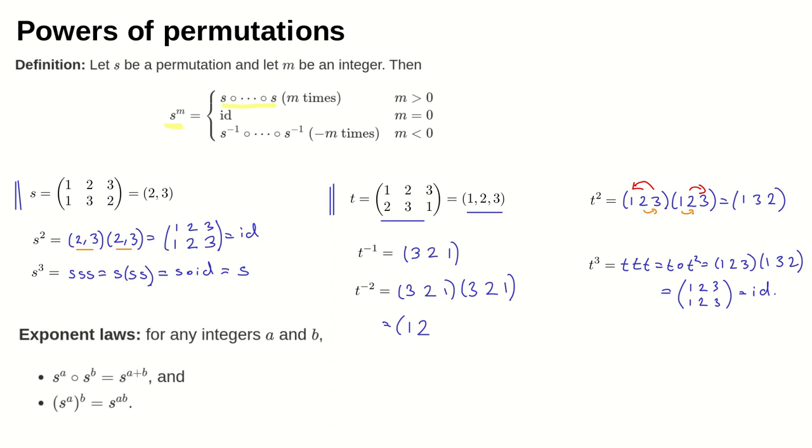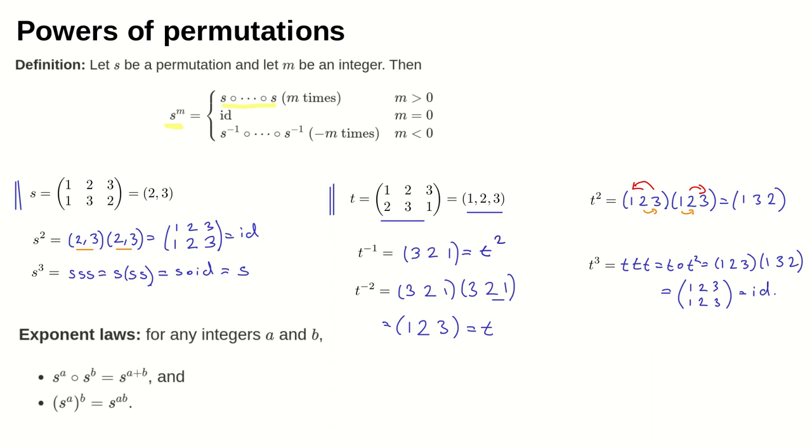What happens to 2? 2 goes to 1, and then 1 goes to 3, and then 3 goes to 2, and 2 goes to 1, so the cycle finishes there, and t to the minus 2 is (1 2 3). So actually this is t again, and this was equal to t squared.